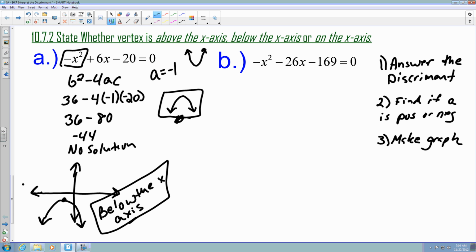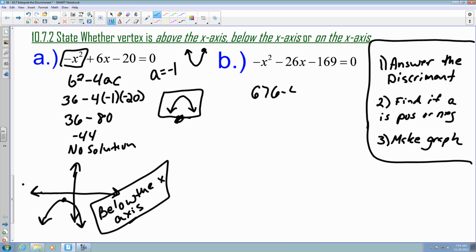Let's try B. So keep these in mind. And let's do step 1. Let's answer the discriminant. So we have b squared, which is 26 squared, and 26 squared ends up being 676, minus 4 times a negative 1 times a negative 169.